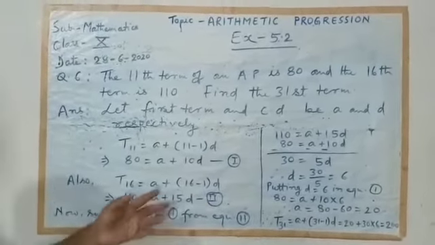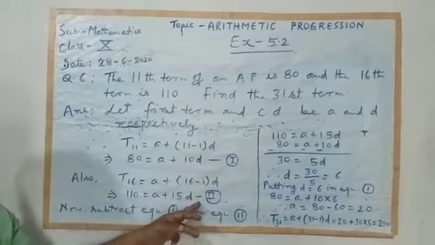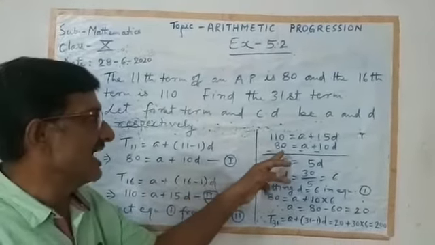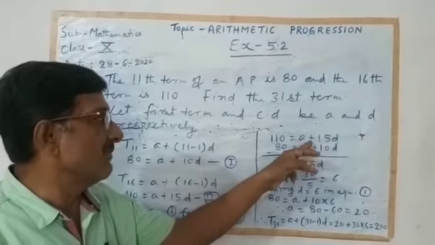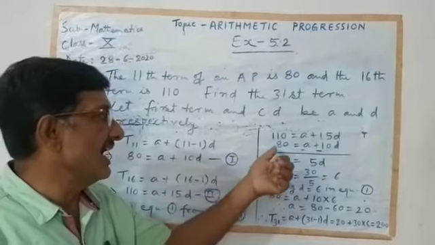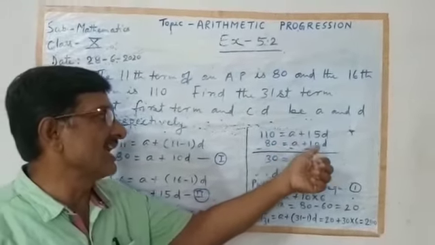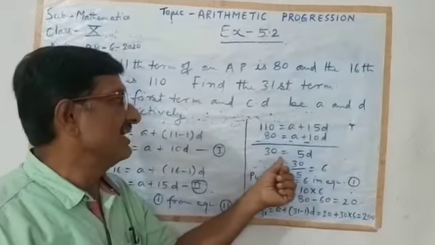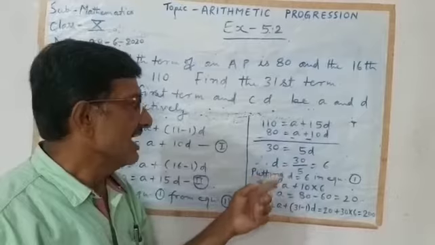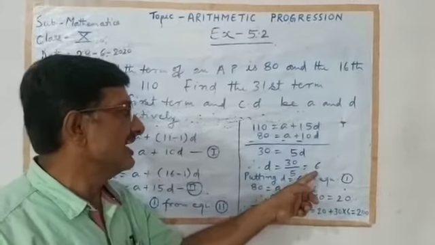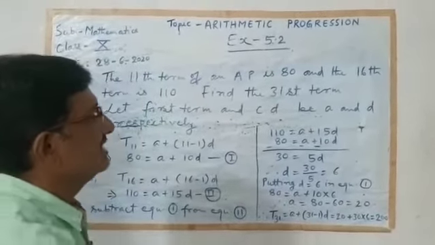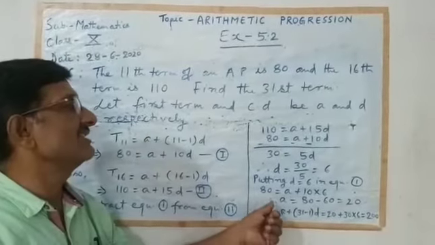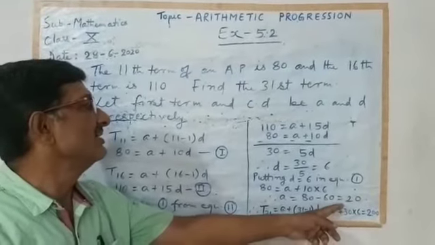When we subtract equation 1 from equation 2, we have 110 equal to A plus 15D and 80 equal to A plus 10D. So 30 will be equal to 5D and D will be equal to 6. Now put D equal to 6 in equation 1. We are getting A equal to 20.